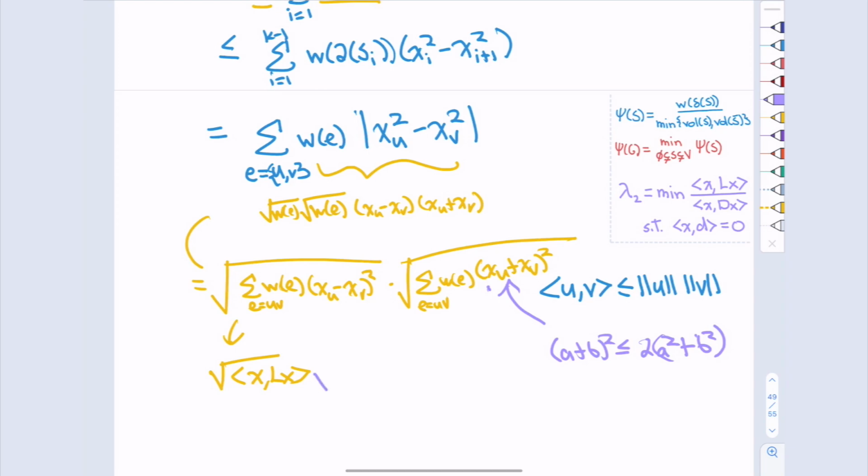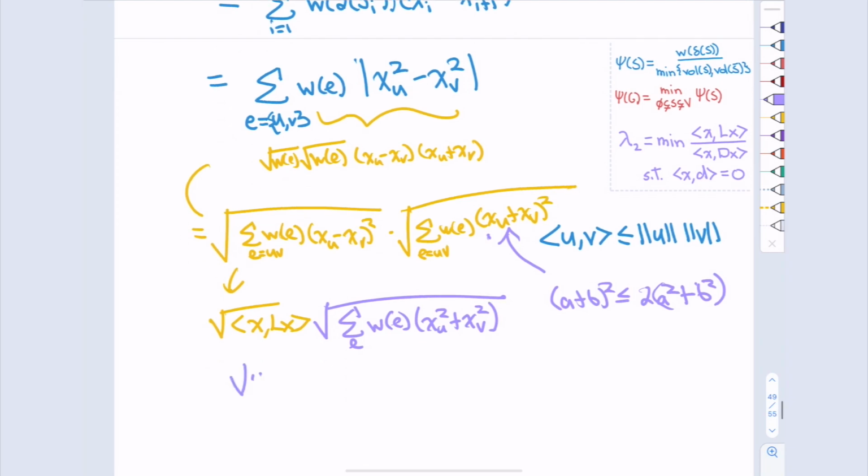So I get some square roots summing over all the edges, w_e times xu squared plus xv squared, which is actually x d x. Oh, there's a factor of 2 here. There's a factor of 2.